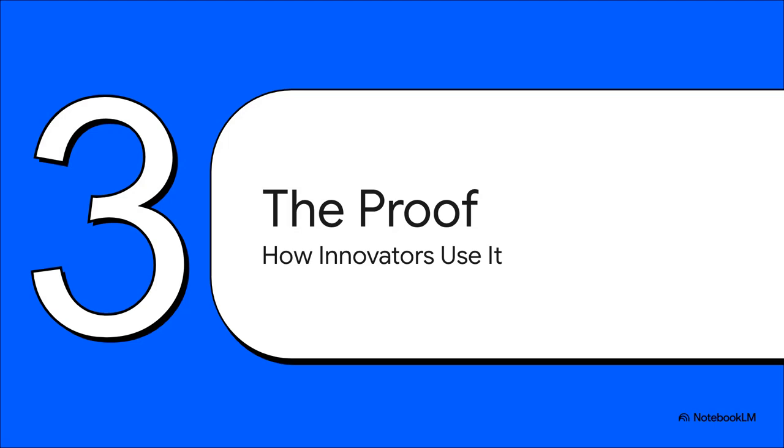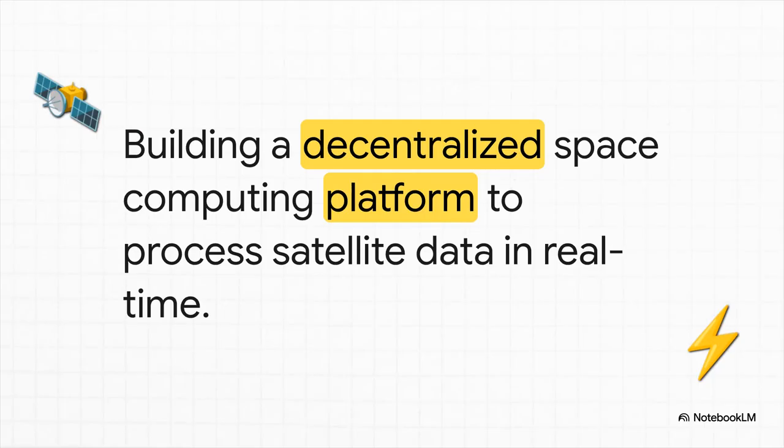Now, that all sounds amazing in theory, doesn't it? But what does it actually look like out in the wild? Let's check out how some innovative companies are already using this thing to build some really cool stuff. Let's start with a company that sounds like it's straight out of science fiction. It's called Satlyt, and they're building a platform to process data directly from space.